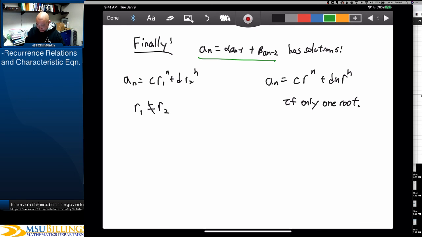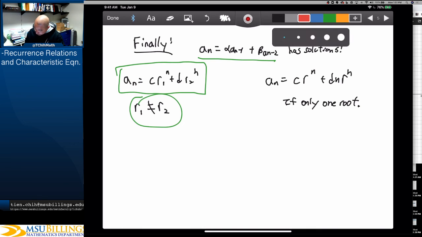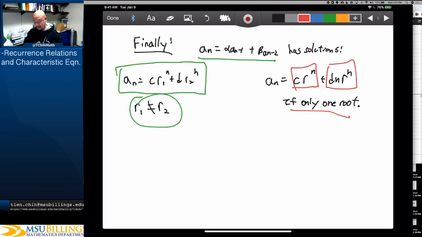One is that you have two distinct roots, in which case these are the forms of your solution: the two different roots to the nth power and every possible linear combination, C and D, thereof. Or you only have one root, and what you get then is C times that root to the n, and D times n times that root to the n.